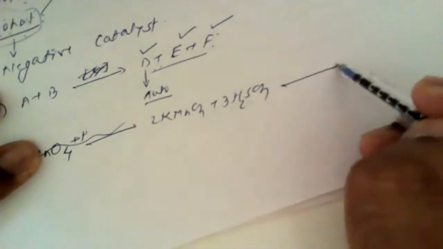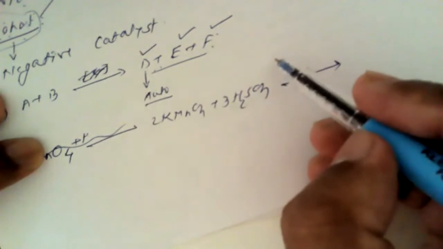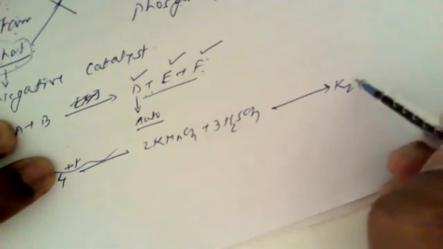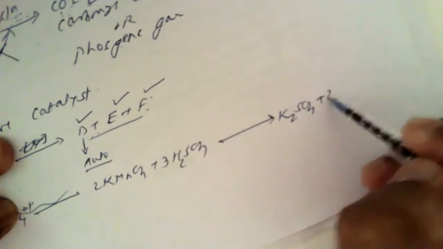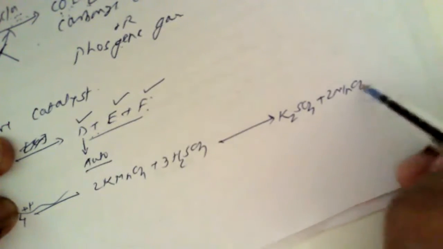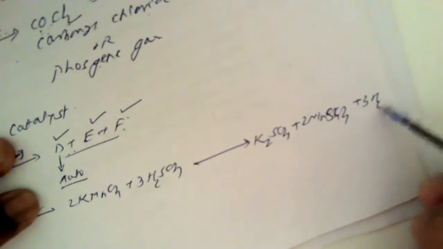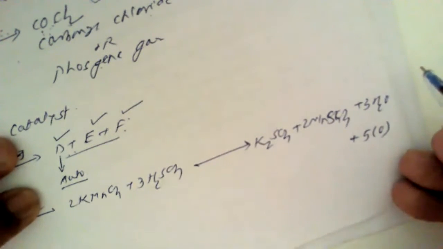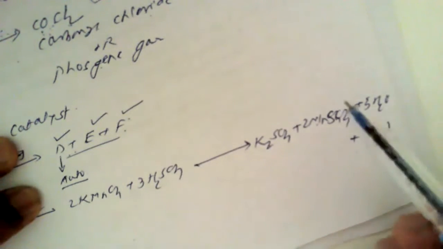Here, this reaction mixture is to be heated to approximately 70 degrees centigrade. It can form the products K2SO4, that is potassium sulfate, plus 2MnSO4 plus 3H2O plus 5O. This is the normal course of the reaction. So four products have been obtained during the course of the reaction.